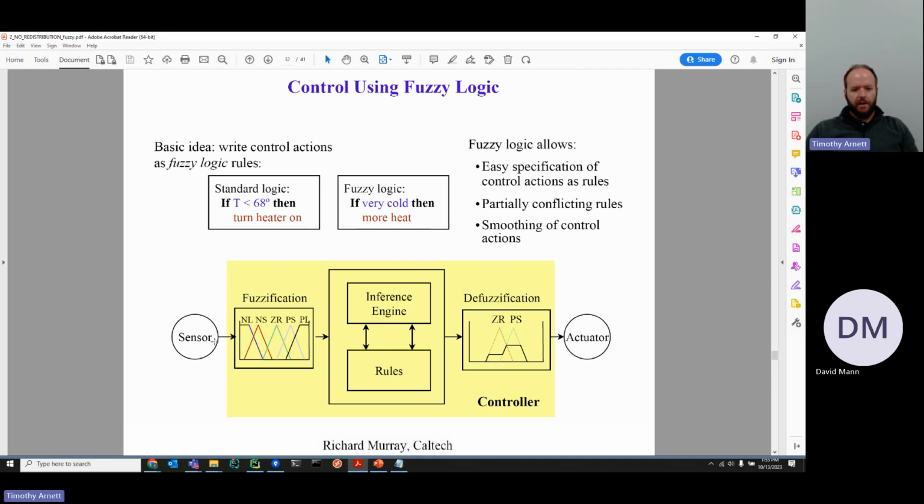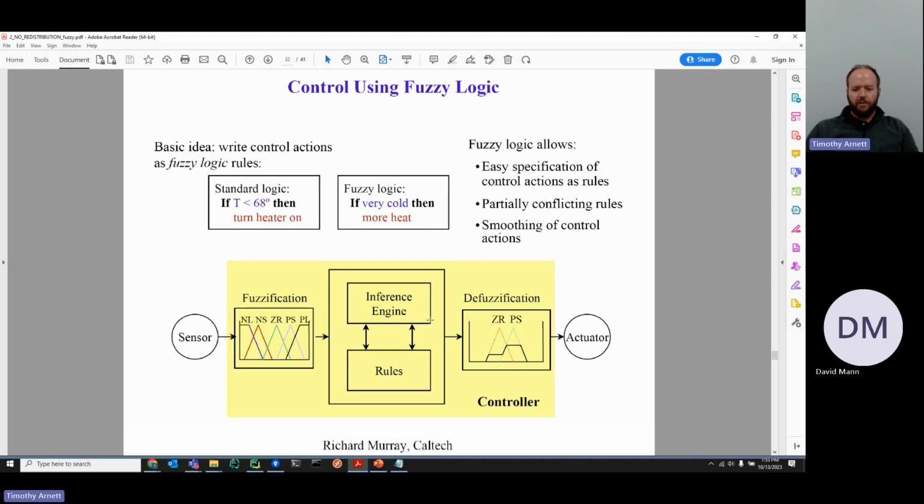We have a sensor that's providing input data, in this case, a temperature sensor, that then gets fuzzified. This is just a number of different membership functions. We have both triangular and trapezoidal. And once we measure our input and see where it falls in here, we can grade the membership values in each of these.